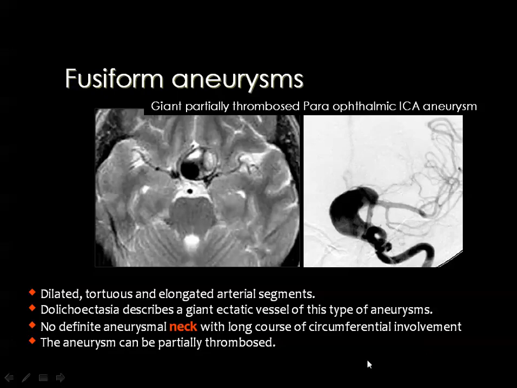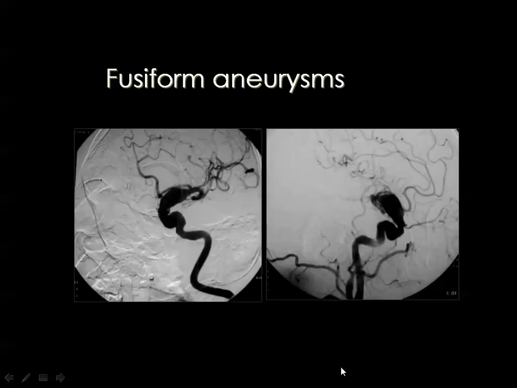Any type of aneurysm, especially a large one, may be partially thrombosed, of course. And this is an example of a fusiform aneurysm along the distal part of the internal carotid artery. You can see the dilatation of the vessel and the absence of a demonstrable neck for this type of aneurysm.